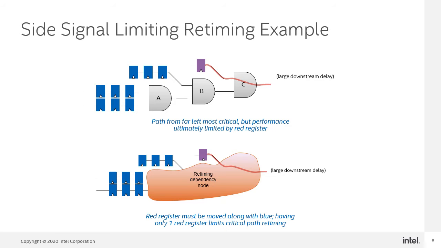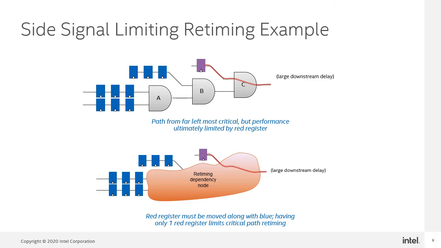This example highlights the unintended consequence of non-critical side inputs. At the top, you have 3 AND gates in series. Because of the long delay going from the input of AND gate A to the output of AND gate C, the Hyper-Retimer wants to retime some register forward. Since we want to move registers from the input of AND gate A to the output of AND gate C, then the entire structure becomes a retiming dependency node. This means that all inputs to the node have to provide registers in order for any registers to retime forwards.